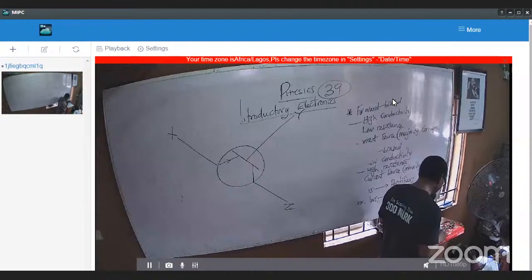Option B, holes. Option C, ions. Option D, electrons and holes.